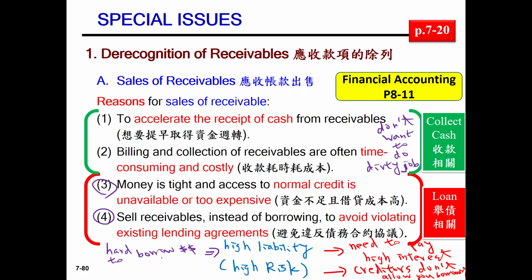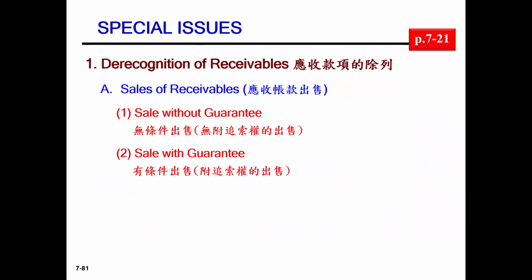So when we talk about sales of receivables, I just mentioned the first major issue accounting always cares about: is it a true sale or not? That's why we have to consider whether your sale is a true sale or not. So we have two situations, sales without guarantee and sales with guarantee. These two cases. Okay? So what does it mean?